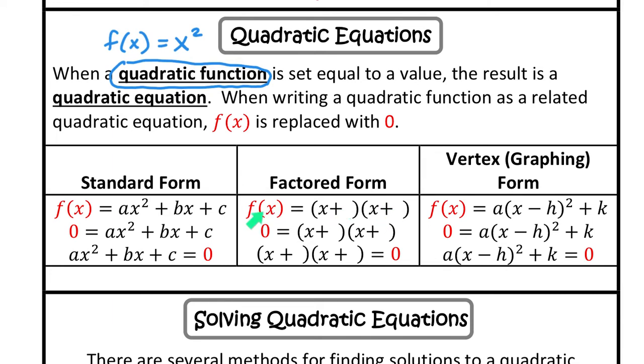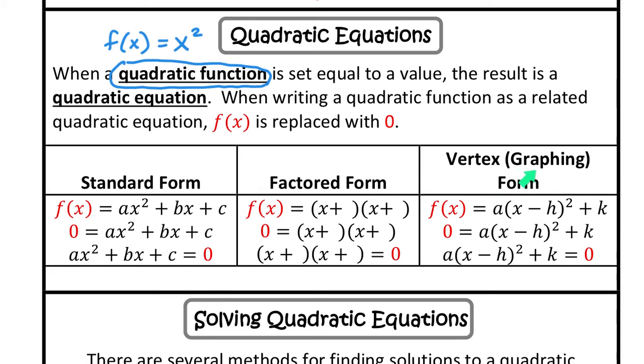But instead of putting f of x, if you set it equal to 0 or to a number, it changes from being called a function to being called an equation. And these last two examples are just different ways you can write them. You can have the 0 or the number on the left side of the equals or on the right side of the equals.